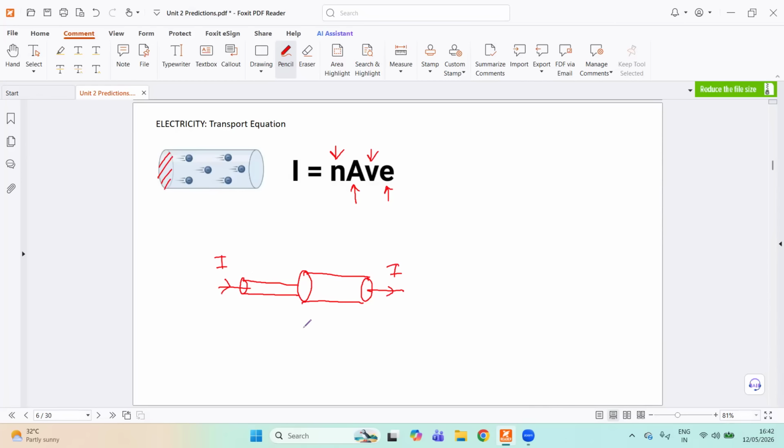And of course, it has to be mentioned that both wires are made from the same material. So recall the equation, I equals nAve. Since the current remains the same for both, and this one has a larger cross-sectional area, the drift velocity through this one would be smaller. So like I said, with this transport equation, you can have straightforward calculation questions or slightly more advanced theoretical questions like this as well.